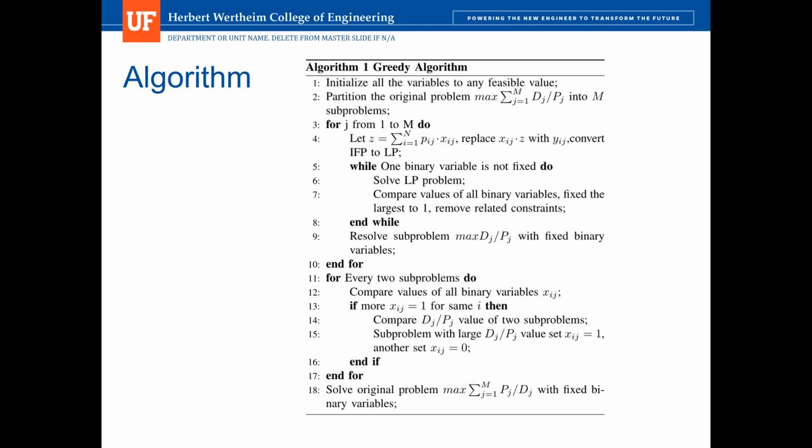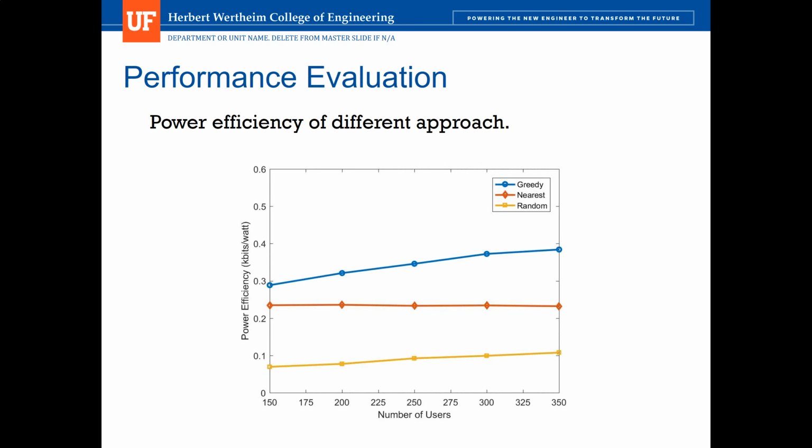So we compare the power efficiency of all the sub-problems, and we find the maximum one, and the maximum sub-problem will keep the Xij equal to 1. After we set all these binary values Xij, we can resolve the original problem, and we can get the solutions.